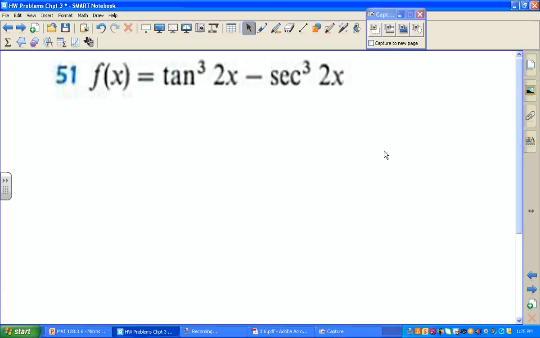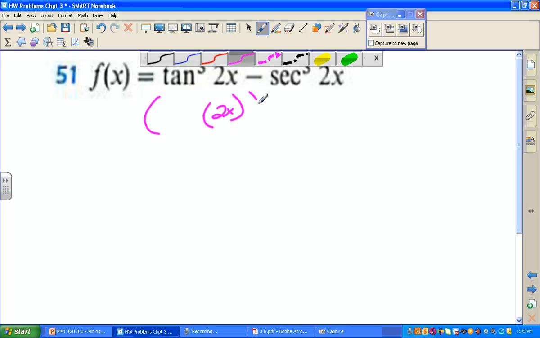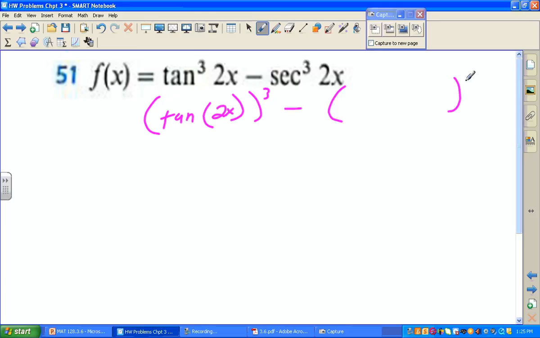All right, tangent cubed of 2x, secant cubed of 2x. There are 3 sets of parentheses on this. One for the cube, one for the tangent, and same with the secant. So we talked about if you wanted to use the notation for this, you could do dy dv, dv du, du dx.